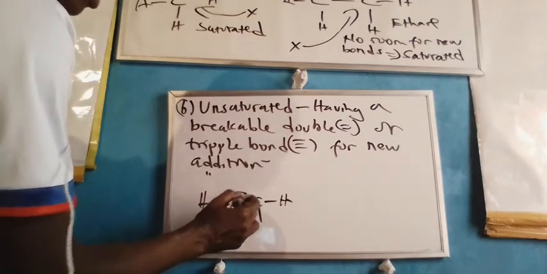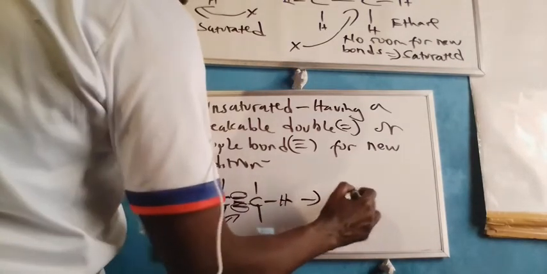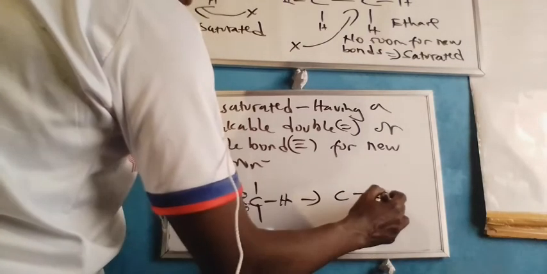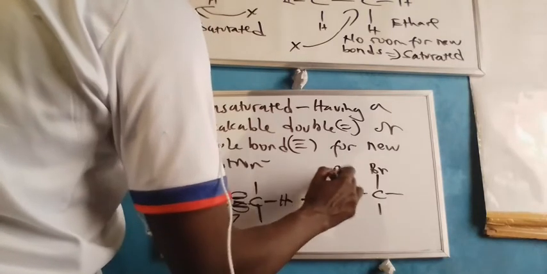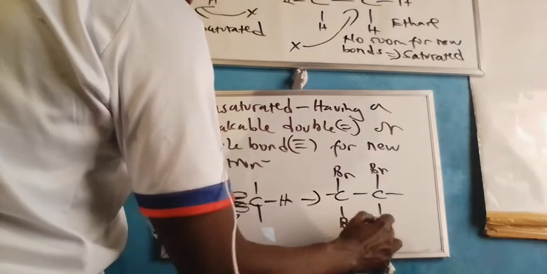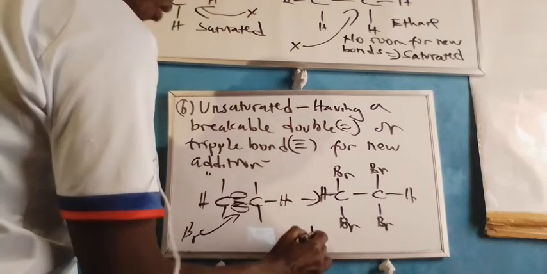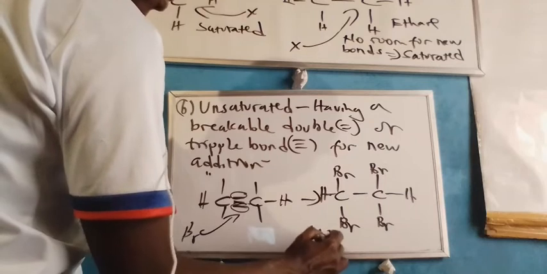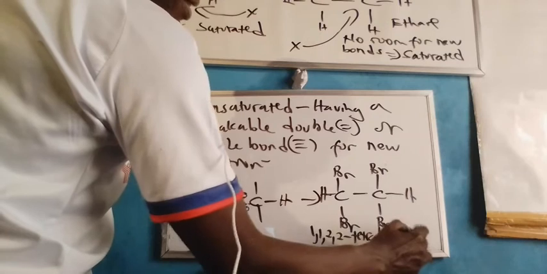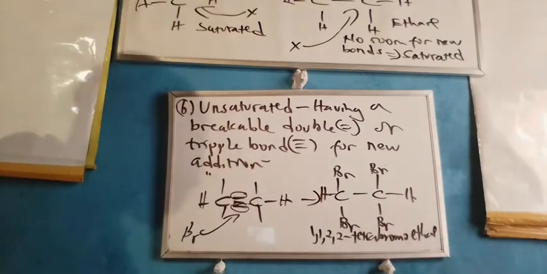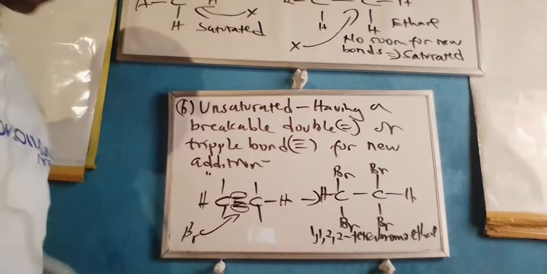The second will be breaking the second, creating two other principal points, and the ultimate result will be the creation of a single bond with four principal additions. In this case, each breakage creates two principal points, and we end up with 1,1,2,2-tetrabromoethane, which is rendered saturated after the breakage of the unsaturated molecule.